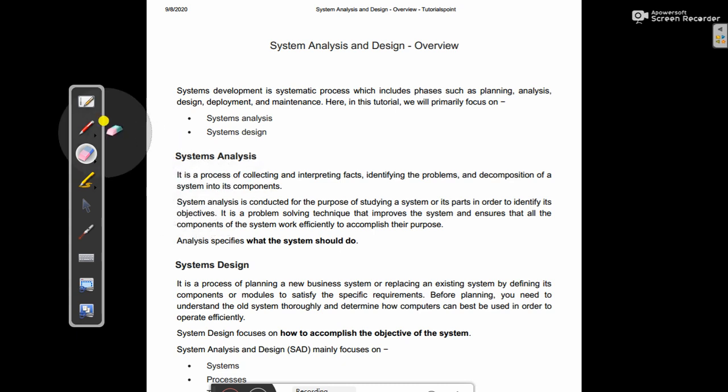So basically we need to know what the system does. In system analysis we need to know what the system does.